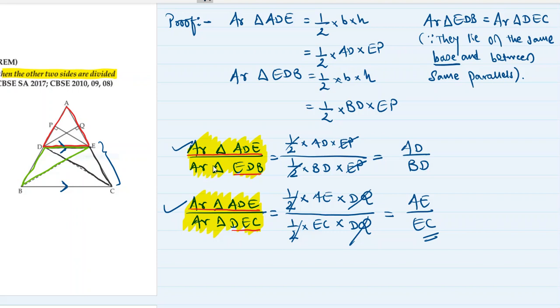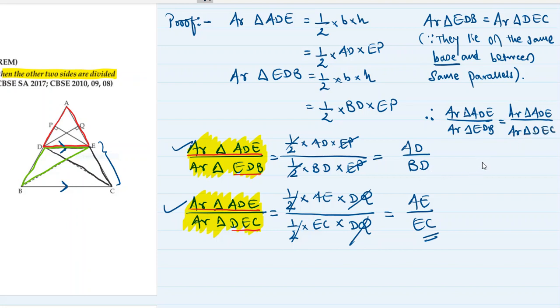So these two fractions are the same, right? Area of triangle EDB is equal to area of triangle DEC, which we have proved. Therefore area of triangle ADE upon area of triangle EDB is equal to area of triangle ADE upon area of triangle DEC.